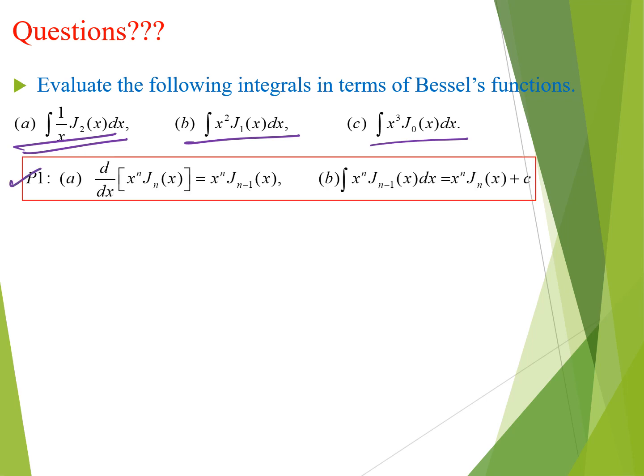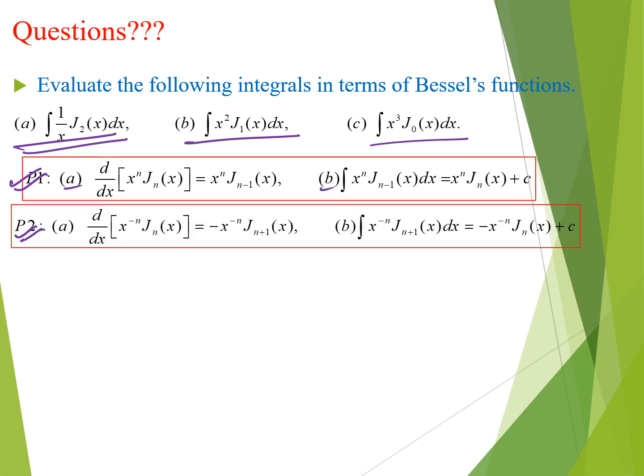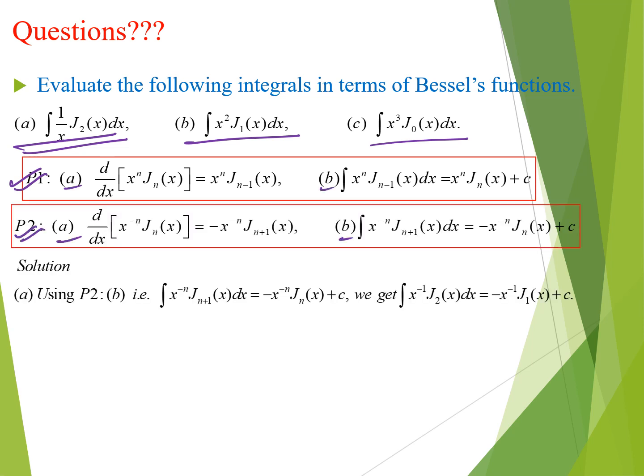Now, by using the P1a b and P2a b formulas, for the solution of the first part we use P2b, this value.